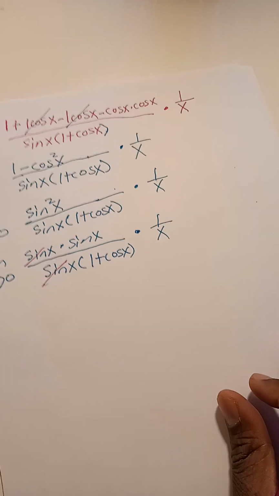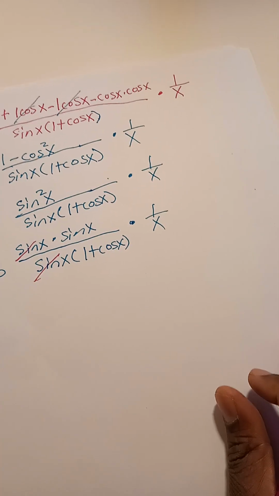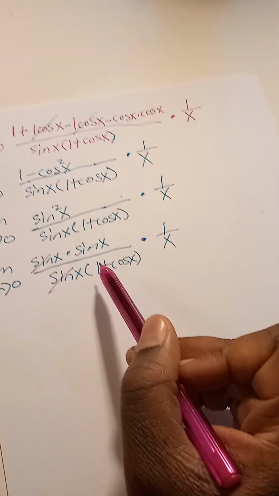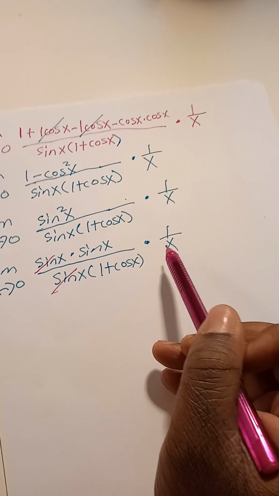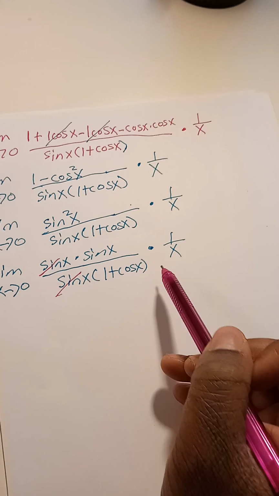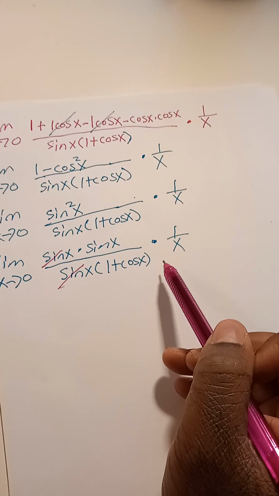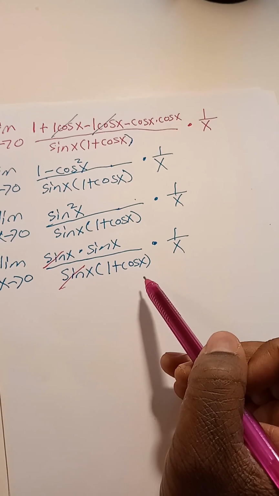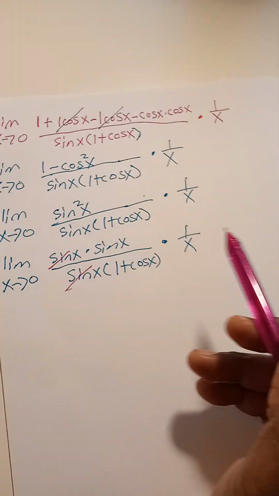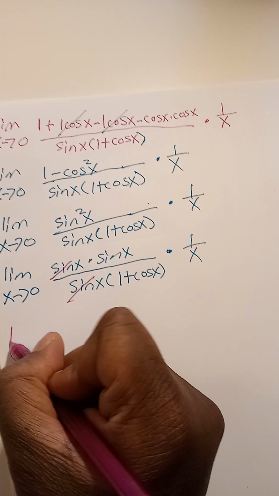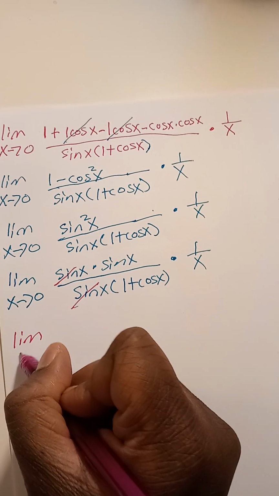So now we see in the numerator that what's left is sine of x times 1. And then in the denominator, we have 1 plus cosine of x times x. So we can actually rotate factors in the denominator and numerator.